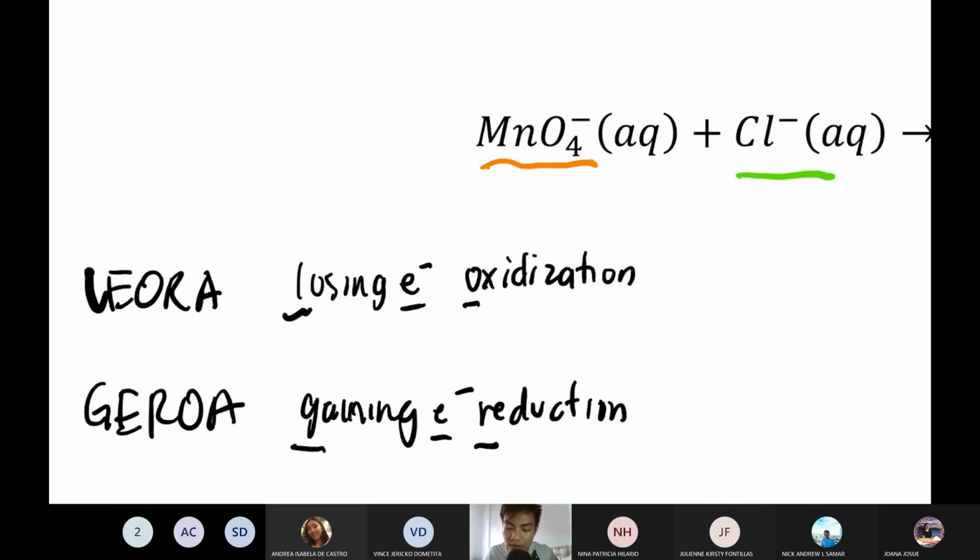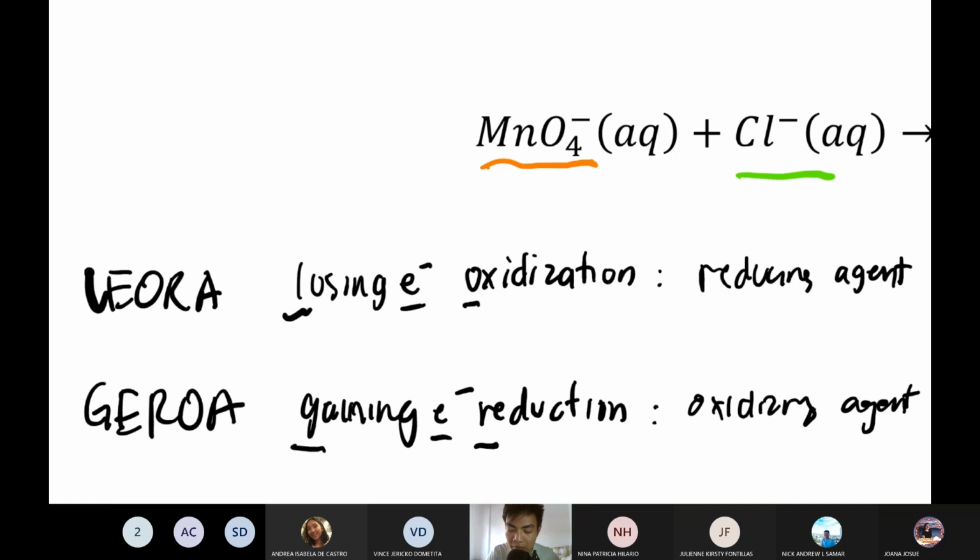L-E-O-G-E-R. Ayun. Ano yung RA pati OA? No? When you say RA, that's reducing agent. Yung OA, ibig sabihin ng oxidizing agent. Baliktad, no? Yes, ganun talaga.